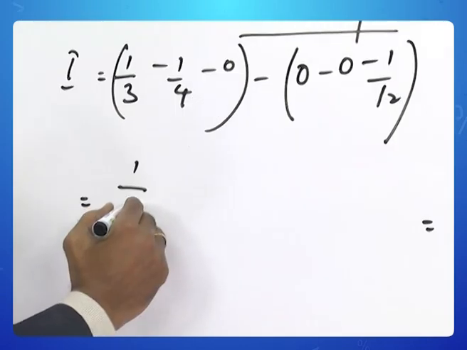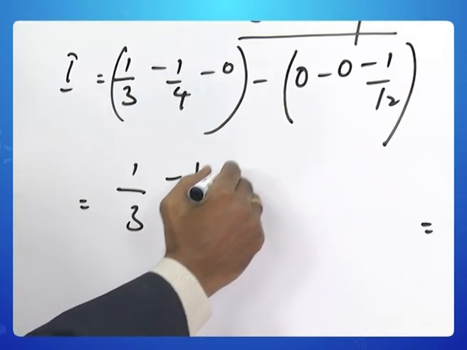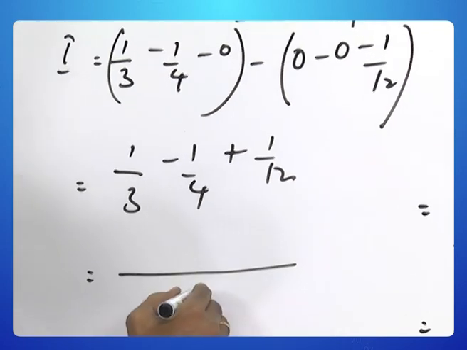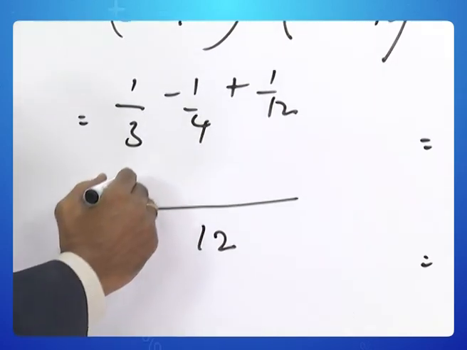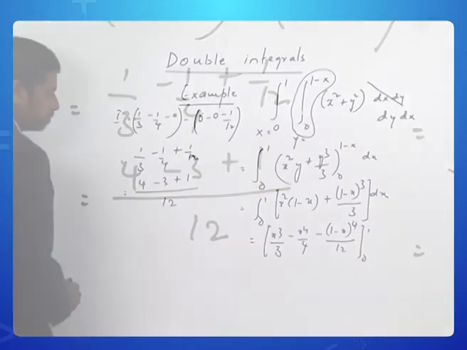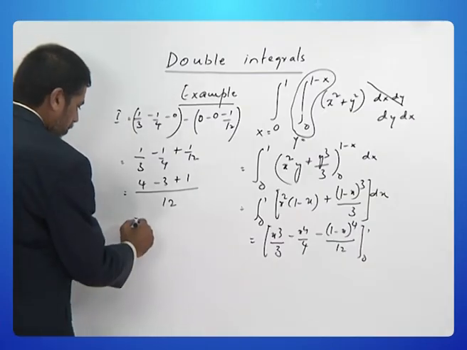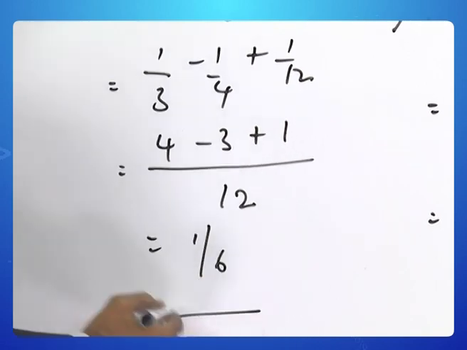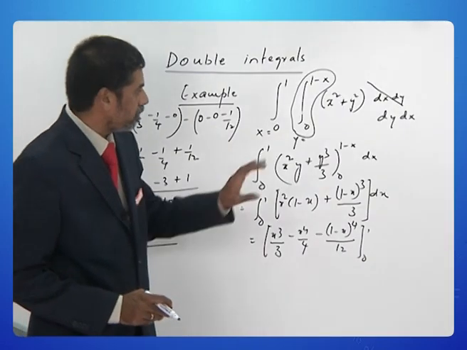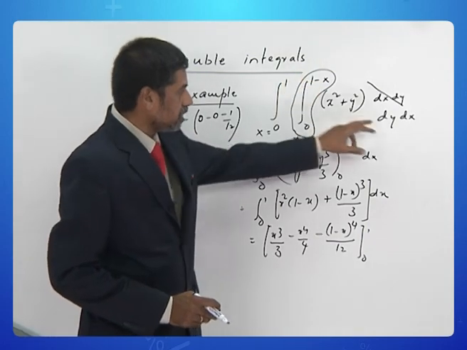So it is 1 by 3 minus 1 by 4 plus 1 by 12. So let's see. You get 4 minus 3 plus 1. So this is nothing but 1 by 6. So this is how you must be very, very watchful about limits and then decide this order.